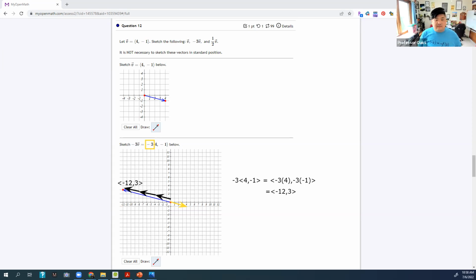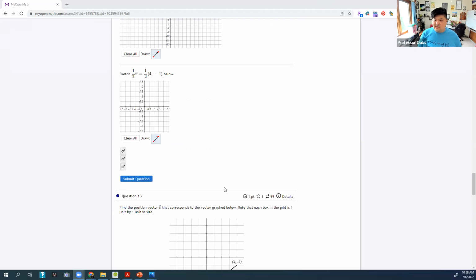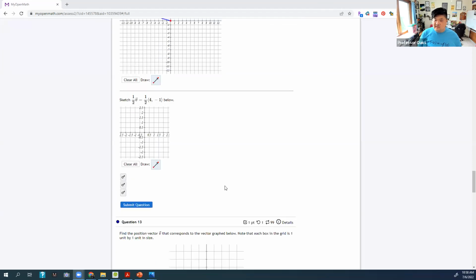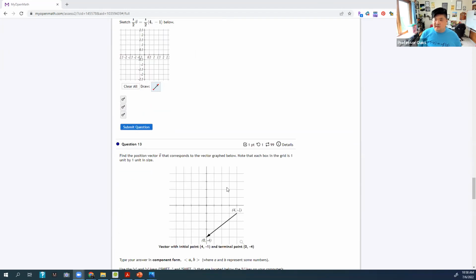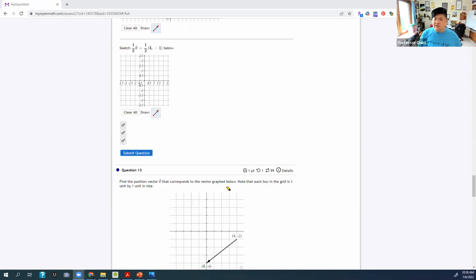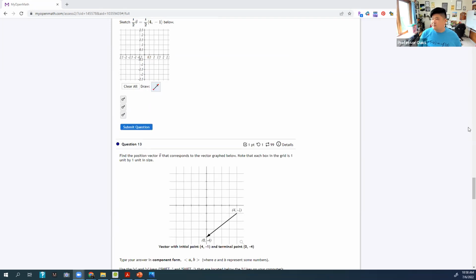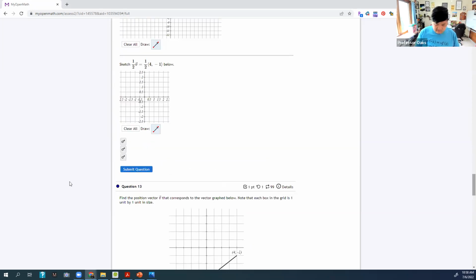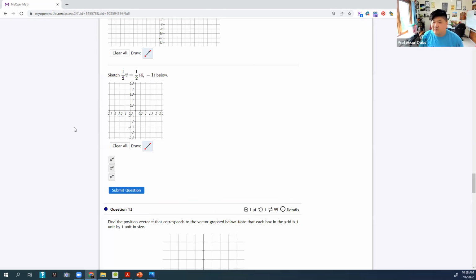So even if you go to this one, 12, then what you do is you sketch that one. And I will say that this one, if you look at it, they made the graph go by a half to make it easier for you.